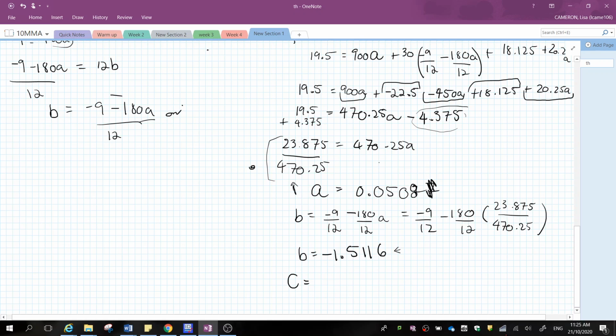So when I'm substituting in to find C, C is equal to 18.125 plus 20.25A. So I'm going to substitute A into that. Punch it in the calculator, get my answer. So again, I'm using the fraction so that I don't have any rounding errors, because the rounding errors in this will make a large effect because the numbers are so tiny.